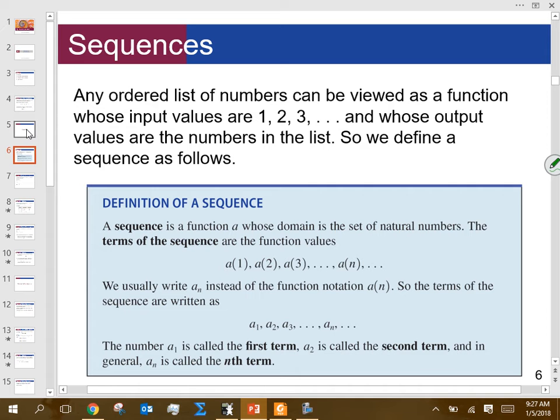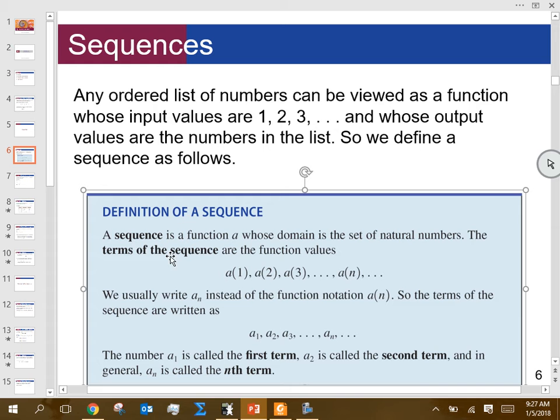And in here you see them using the function notation. Let me see if I can write it this way. If A sub n is equal to 5n, then A sub 1 would give me my 5, A of 2 would give me my 10, A of 3 would give me my 15.